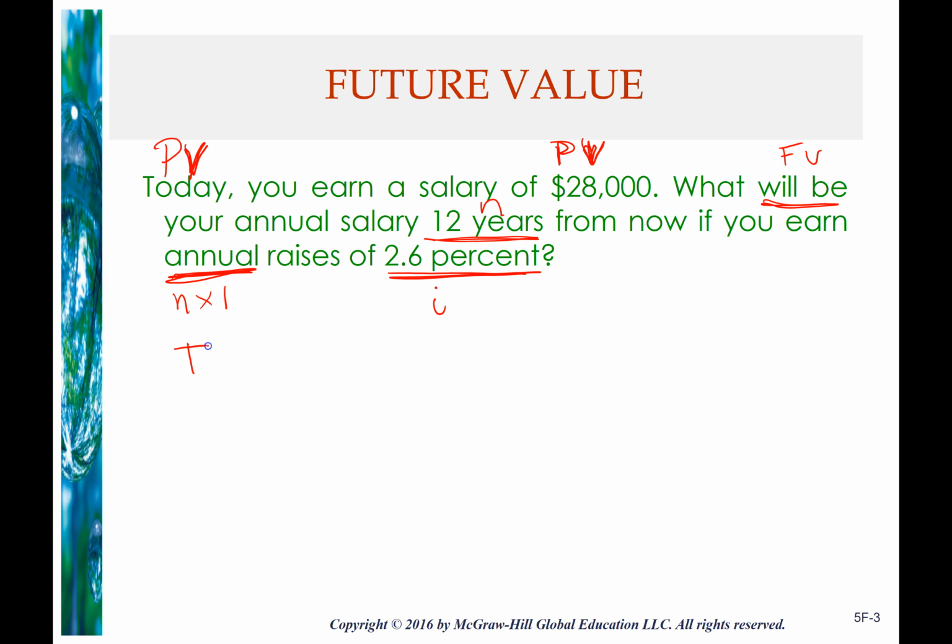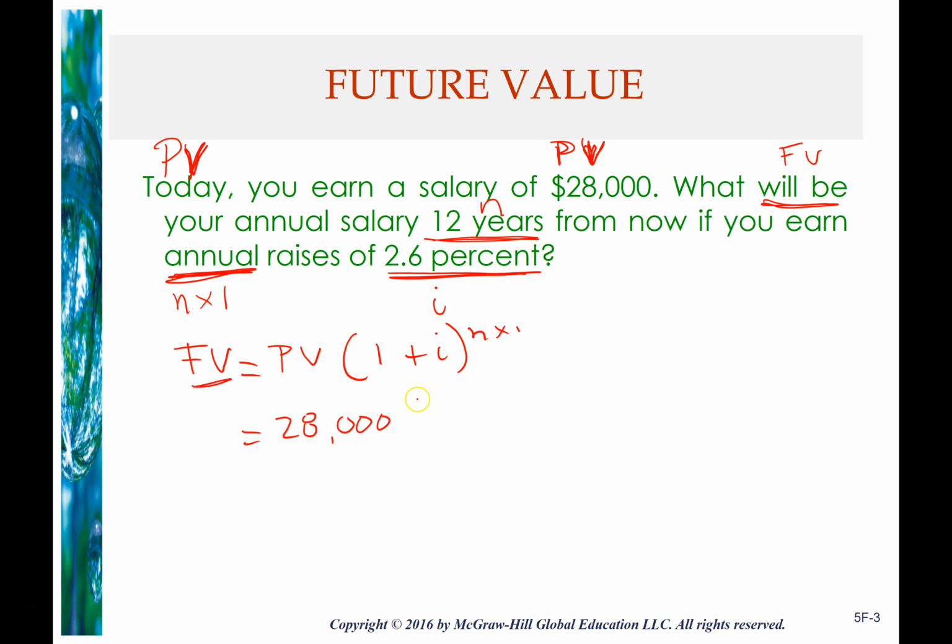So right now you're looking again for the future value. PV times 1 plus I over N times 1, annually, will tell you what the future value will be. Again, your present value is $28,000.